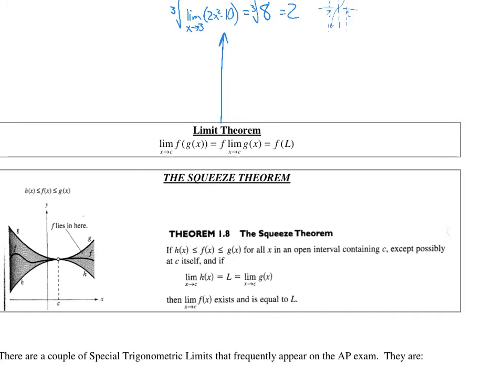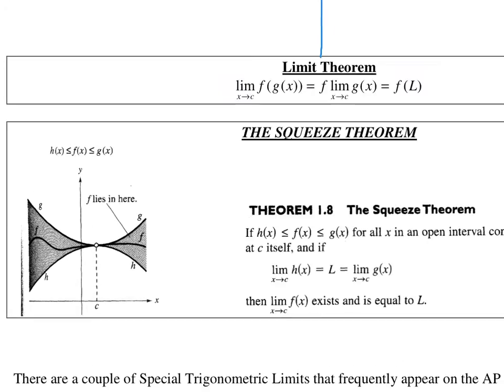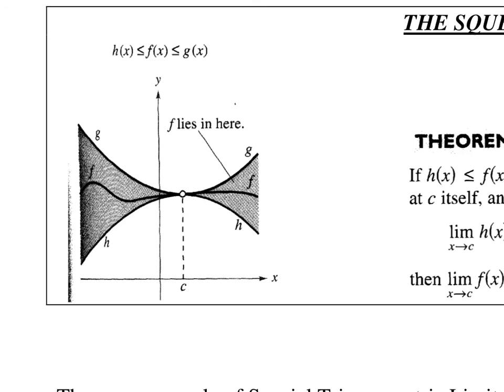So, let's work our way through this. It's a lot of notation and stuff, but the picture is actually really helpful here. Okay? So, we have this function g of x. Alright?